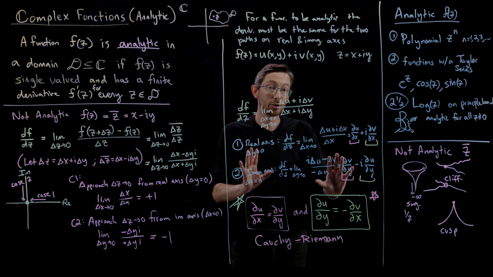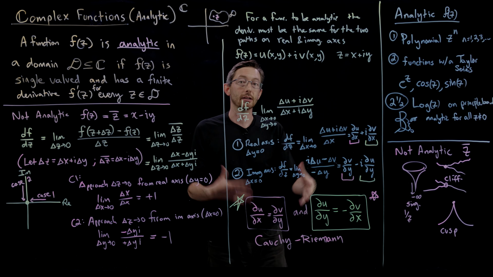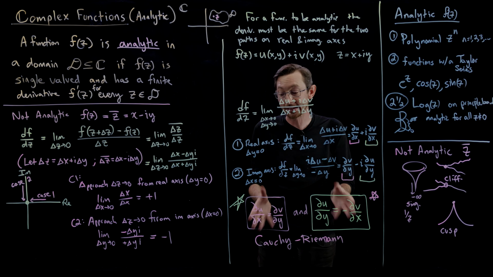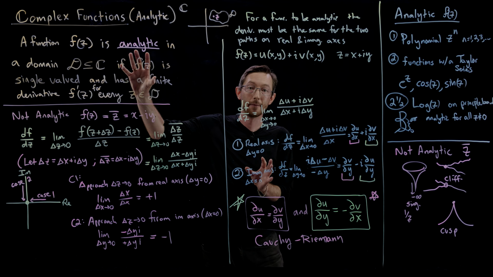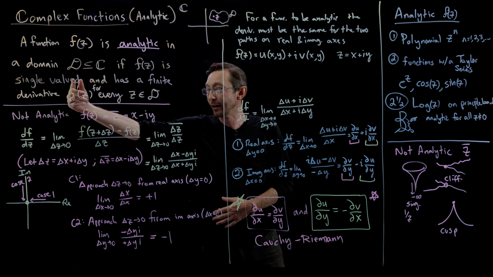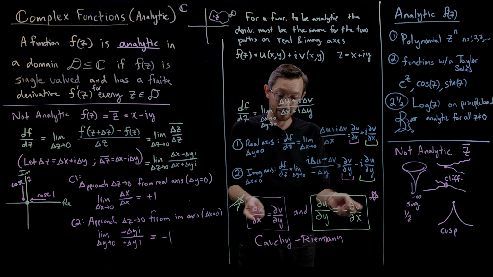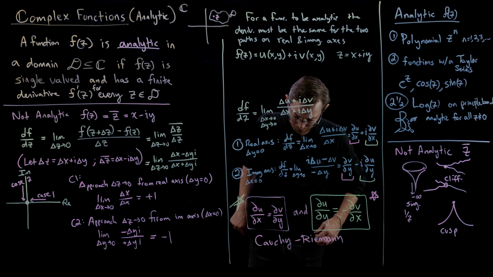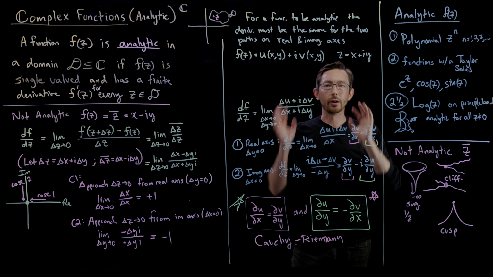So this is a huge deal. Okay, huge, huge deal. The Cauchy-Riemann conditions are necessary conditions for a function to be analytic. And if my function is single valued, and these partials exist, then they're also sufficient conditions. Very, very important. Okay, so where is this going?